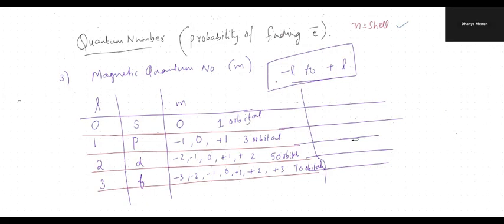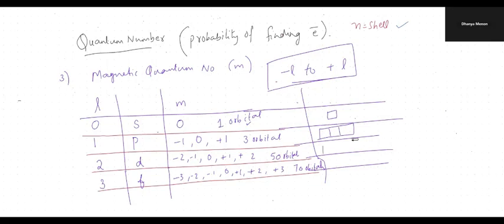So I just make one box here. For p, how many orbitals are there? 3 of them. The shape is not like this, this is just how it is represented in the textbooks. So these are the 3 orbitals I'm drawing. These orbitals will have the electrons.